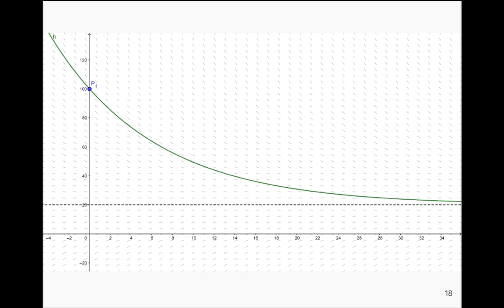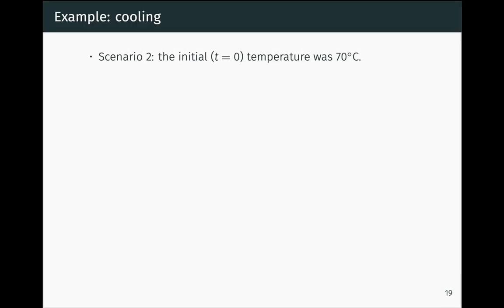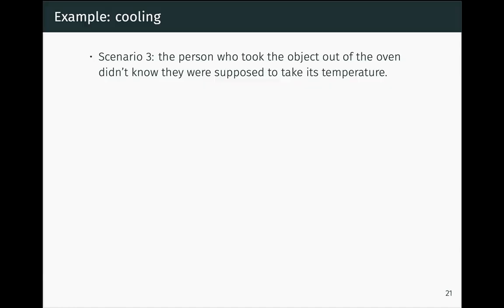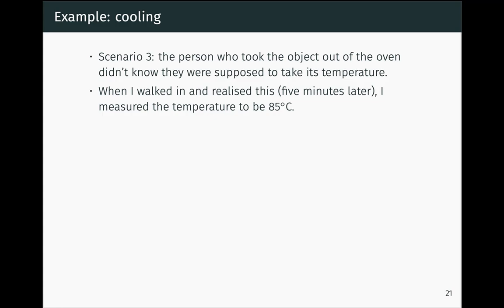Very cool. Scenario 2, the initial temperature was 70 degrees. You can see both of them side by side, both converging to the ambient temperature. Scenario 3, the person who took the object out of the oven didn't know they were supposed to take its temperature. When I walked in and realised this 5 minutes later, I measured the temperature to be 85 degrees.